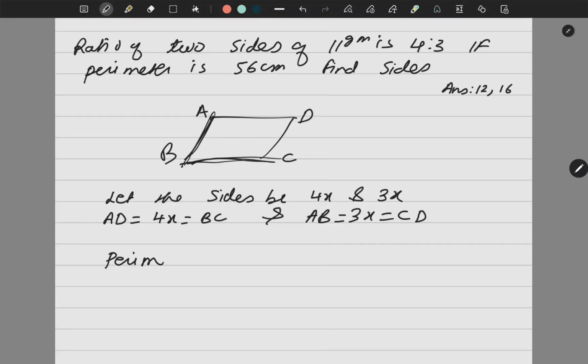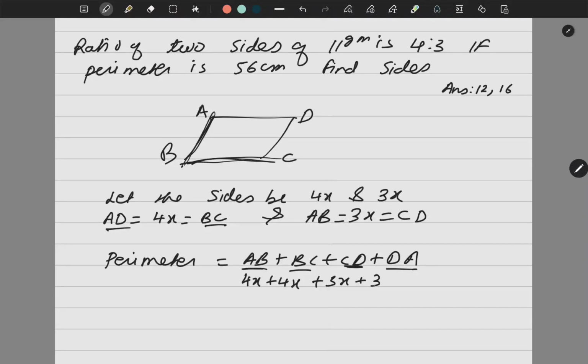Perimeter means sum of all the sides. So AB plus BC plus CD plus DA. Right? So in place of BC and AD, I can write 4x plus 4x. Then in place of AB and CD, I can write 3x plus 3x.